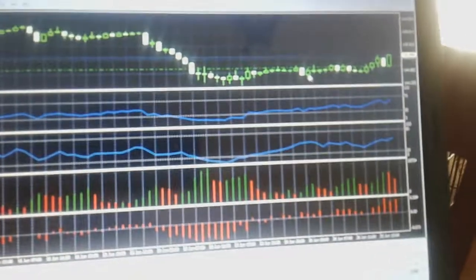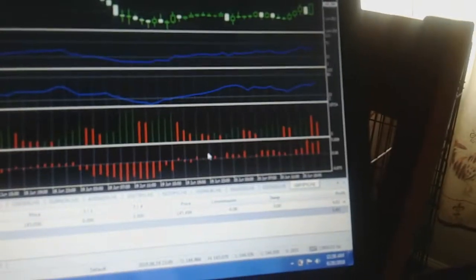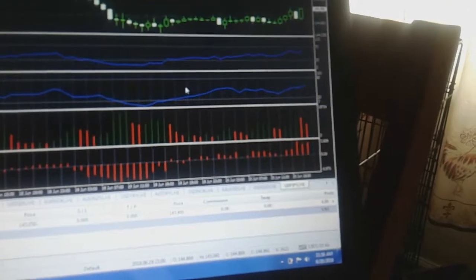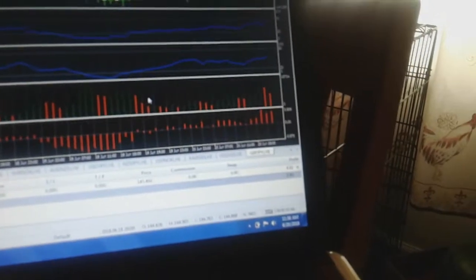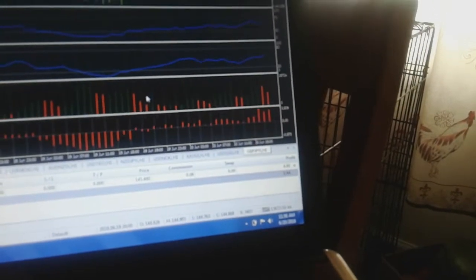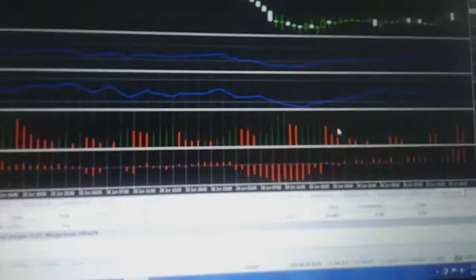You know what I'm saying? So definitely check those. But then you got your relative strength, your bull power, and then in the middle right here you have your money flow and you have your volume. Okay? So relative strength, bull power versus money flow and volume.